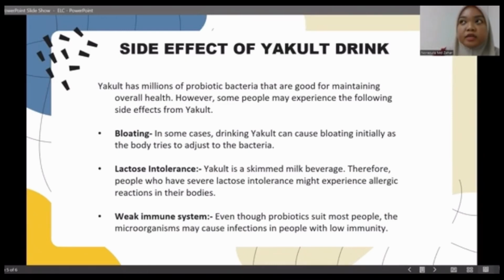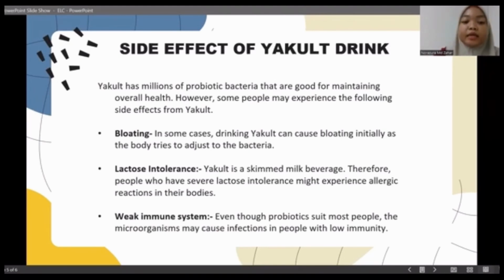Yakult also has side effects. Because Yakult has millions of probiotics that are good for maintaining overall health. However, some people may experience the following side effects of Yakult. The first side effect is bleeding. In some cases, drinking Yakult can cause bleeding in the joints as the body tries to adjust to the bacteria.